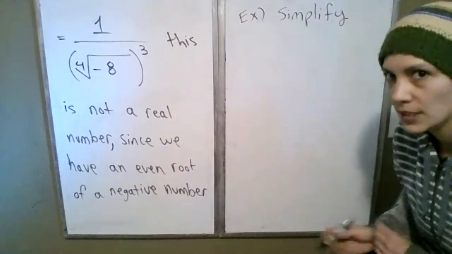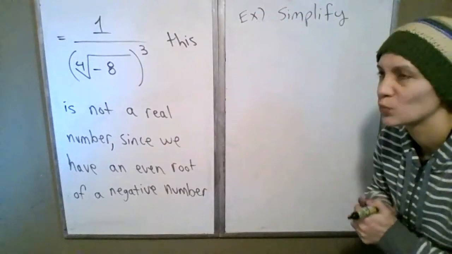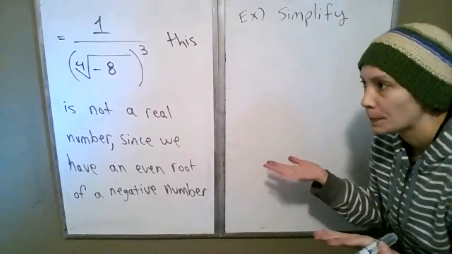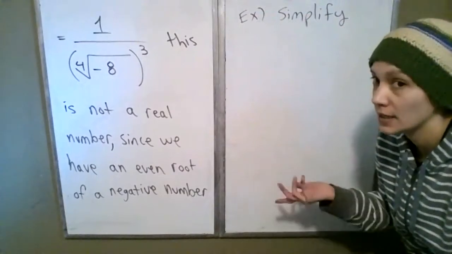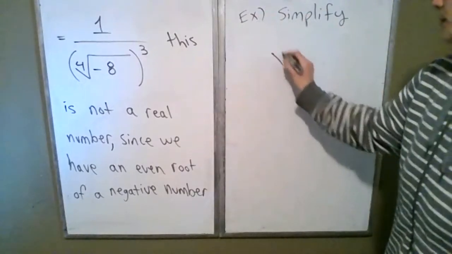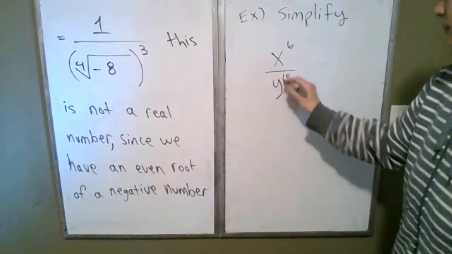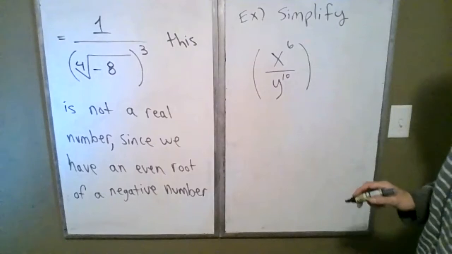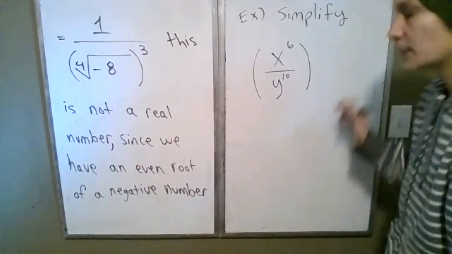To make this not too crazy, we're gonna leave numbers out and just do something like x to the 6th over y to the 10th. And we'll do a power of negative 1/2.